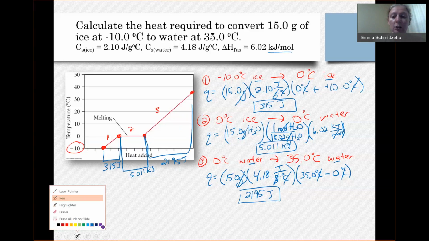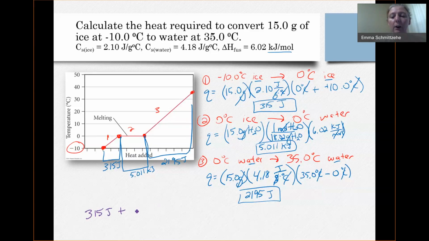So I would take the 315 joules and add it to 5.011 kilojoules, so really that's 5,011 joules. We need them in the same unit. And then add to the 2195 joules.